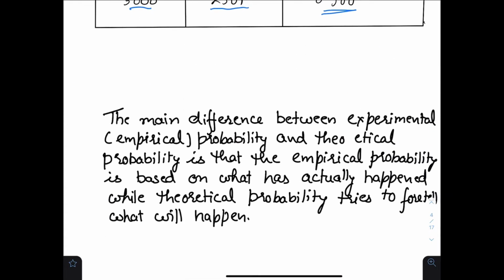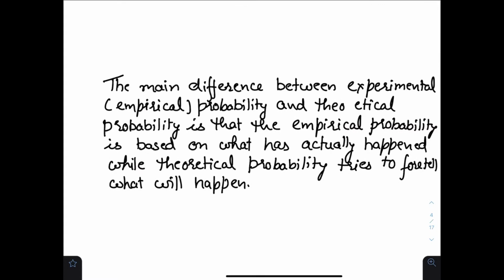The main difference between experimental probability and theoretical probability is that empirical probability is based on what has actually happened, while theoretical probability tries to foretell what will happen.